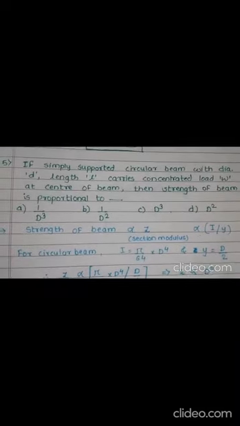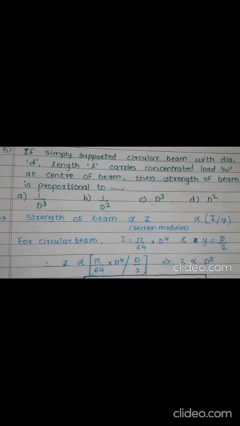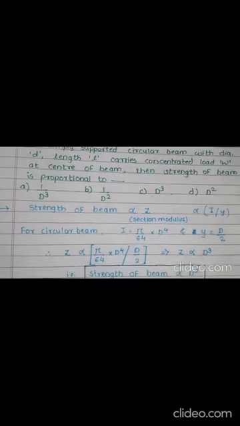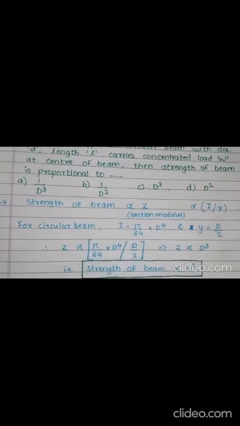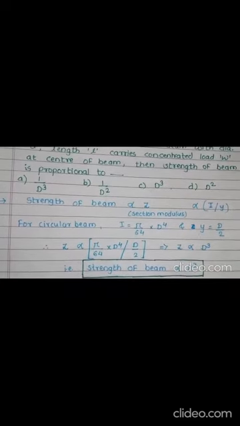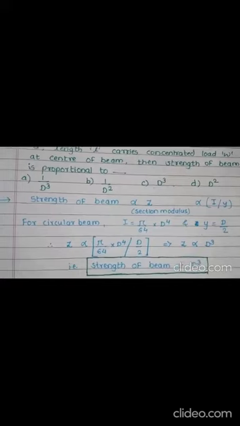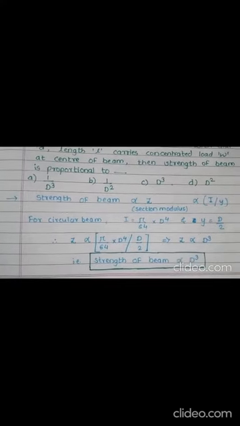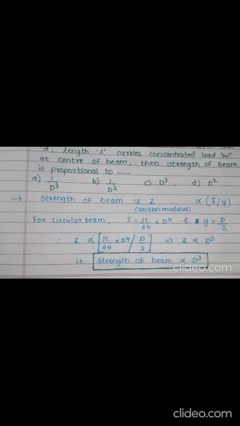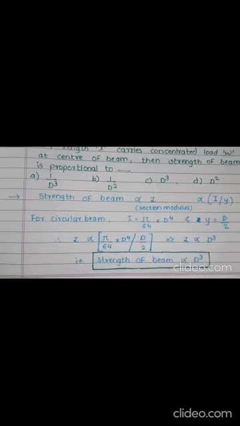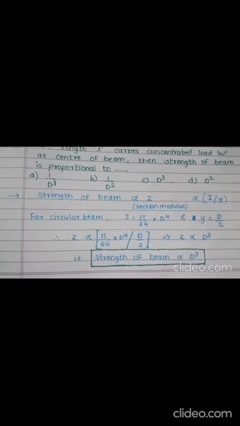Then, moving towards the solution, as the strength of the beam is directly proportional to the section modulus, where the section modulus is I upon Y. For a circular beam, I is pi upon 64 times d to the power 4 and the value of Y is d upon 2.